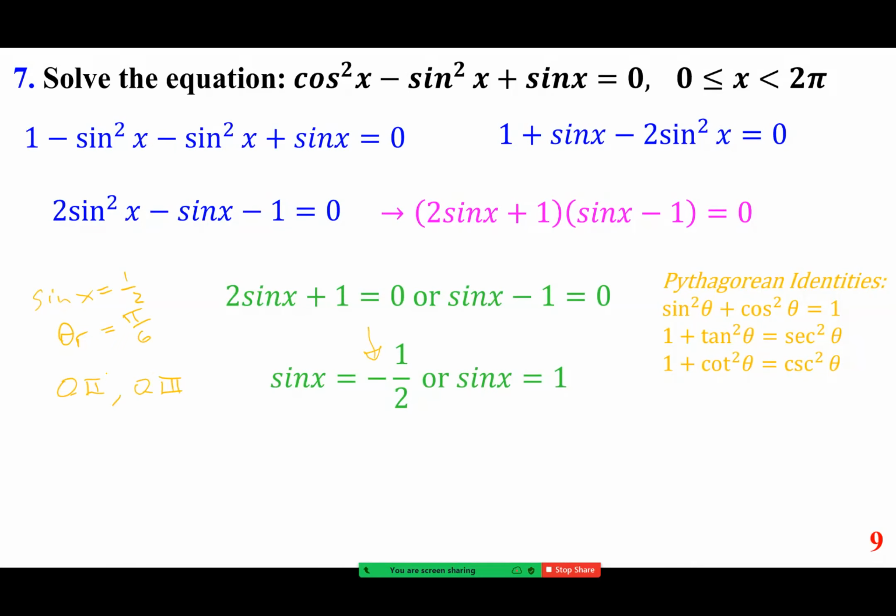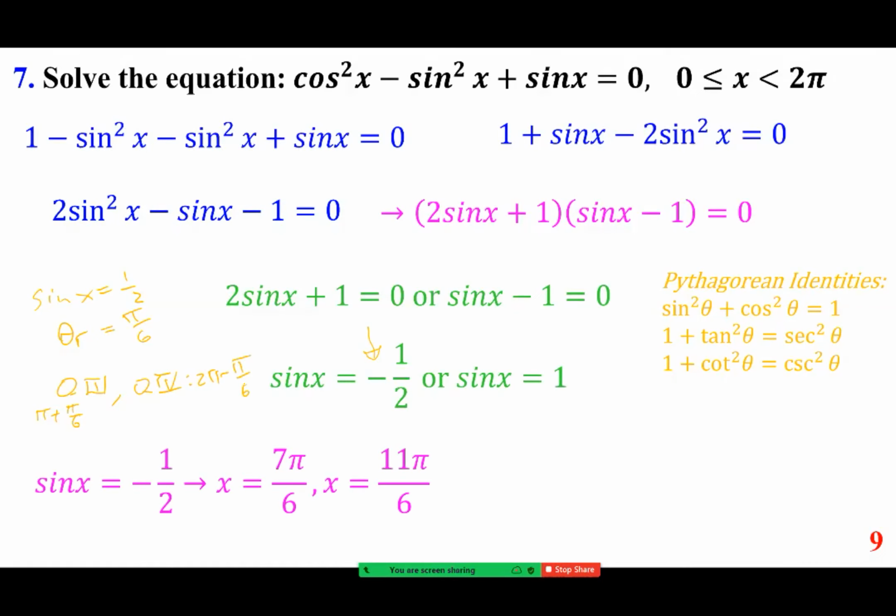So we say pi plus pi over 6. That's the third quadrant. And in the fourth quadrant, two pi minus pi over 6, which gives us 11 pi over 6.